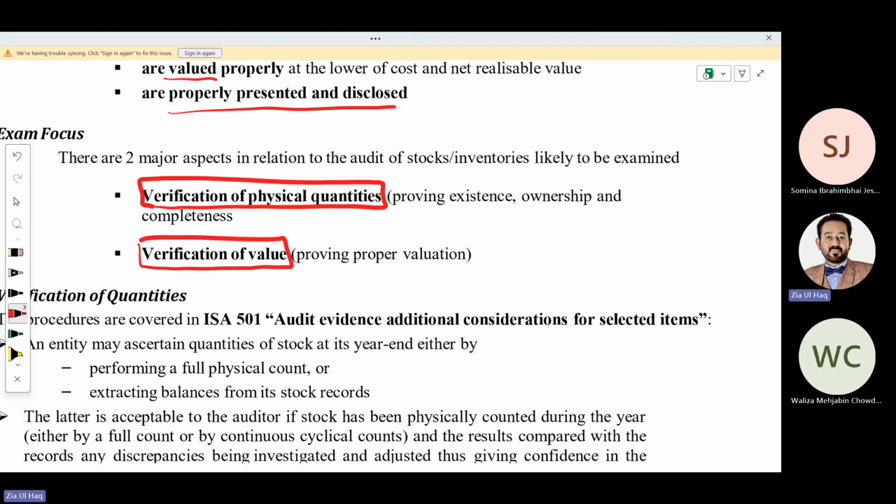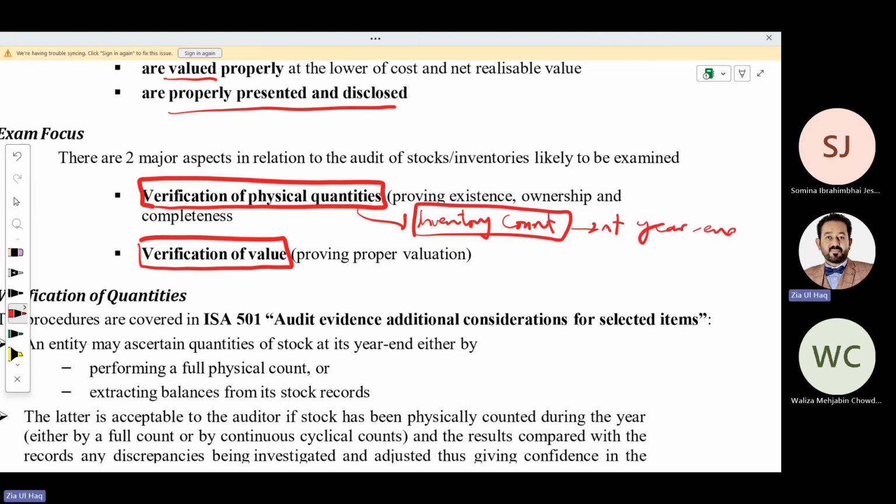For verifying physical quantity, we need to ask the client, please perform an inventory count. Where? At year end.